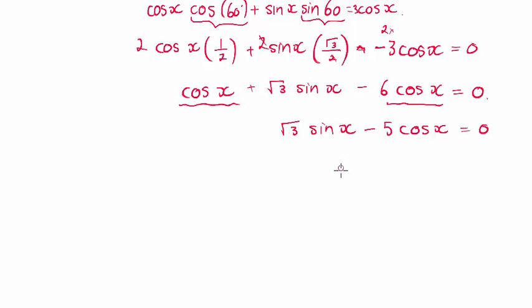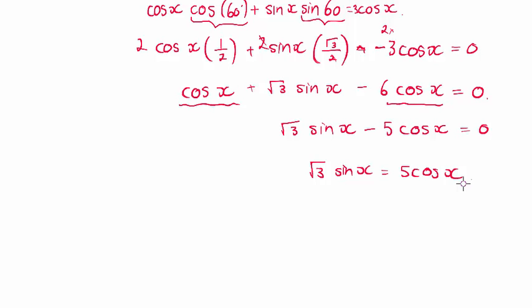You can, so let's do that. So we've got 3 sine x is equal to 5 cos x. You can, I would not recommend it, but I don't want to tell you why.